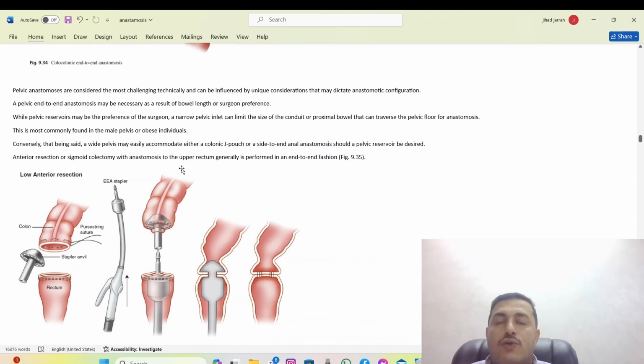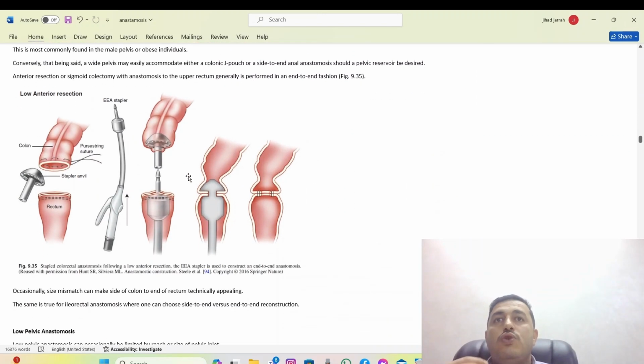When we go more distal in our anastomosis, we should ask ourselves, are we going to remove the rectum or not? One of the important functions of the rectum is accumulation of the GI content, the stool. So if we remove it, we will face frequency, urgency, LAR syndrome, low anterior resection syndrome. So, in other words, we have to create a pouch or a segment that works instead of the rectum.